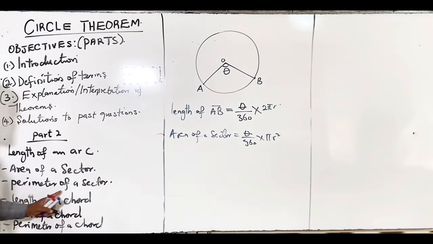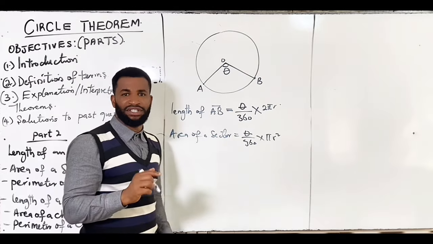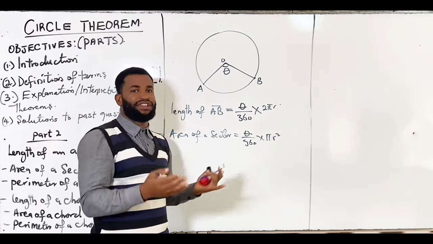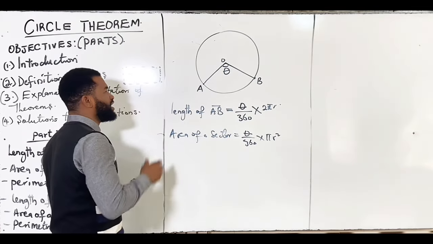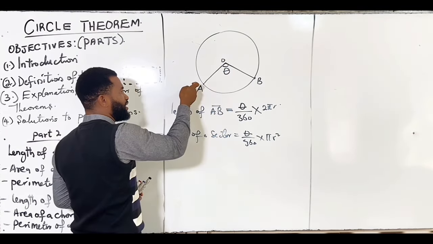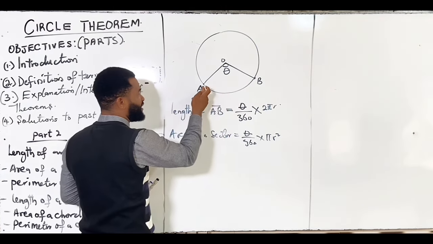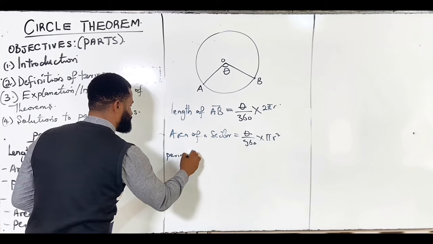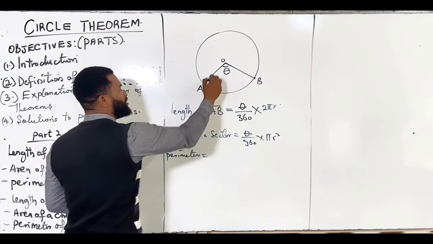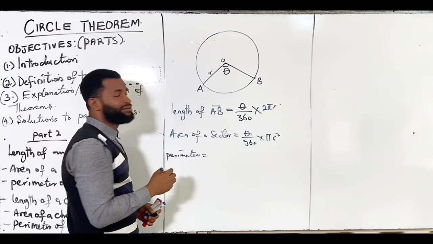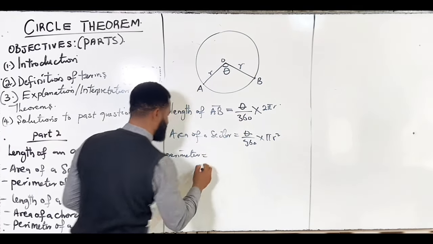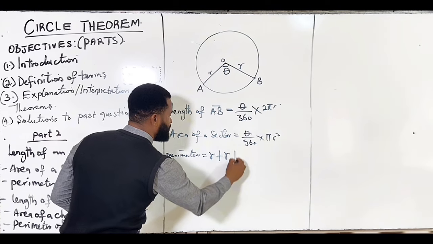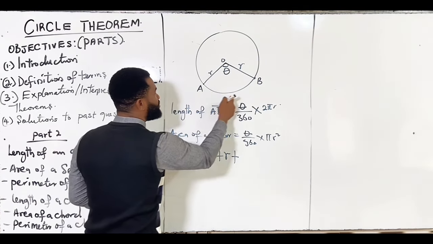Then when we talk about the perimeter of the sector, perimeter simply means addition of length, addition of parts or lengths that form that particular shape. Now, a sector is made up of OA, OB, and AB. So the perimeter at this point is going to be OA, which is the same thing as R, then OB is the same thing as R. So therefore I'm going to have R plus R, then plus from A to B. And what is A to B?